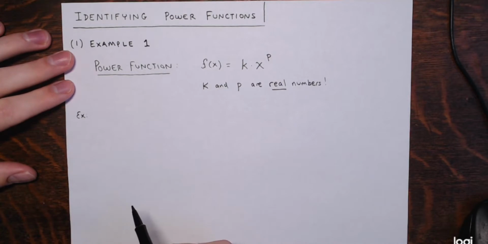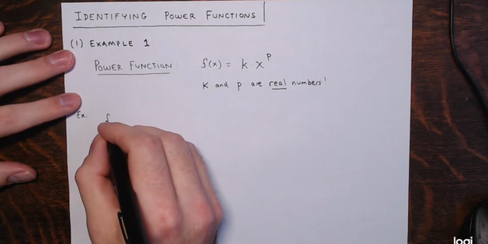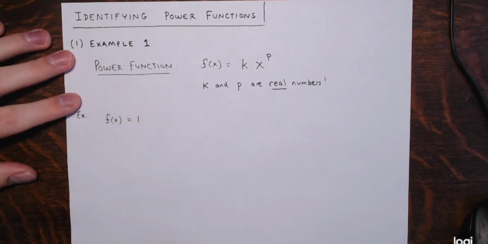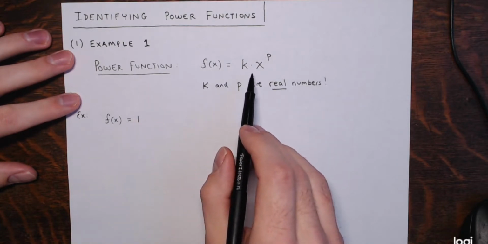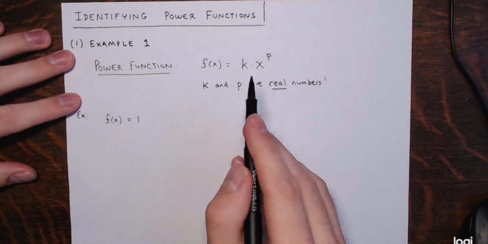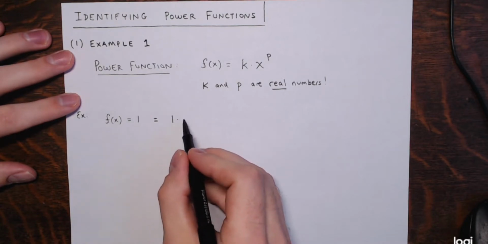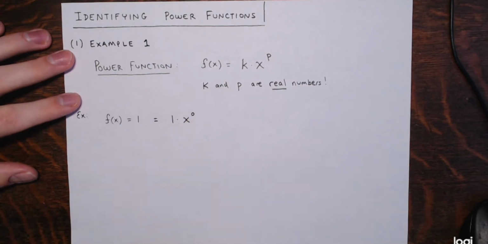going through this list in example 1, remember the constant function, f of x equals 1. And you might ask, is this of this form? Well, yes. You can express 1 as 1 times x to the 0 power, if you wanted.